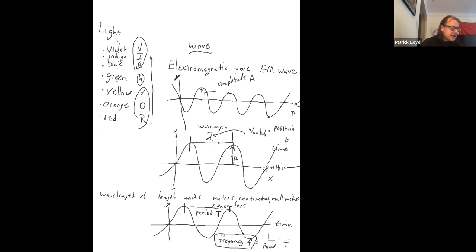Now, as I said, these waves are vibrating. They're moving through space, so they have a speed, right? If something is moving through space, it's moving at some speed. So these waves are moving through space, they're vibrating, and they have a size, a length.